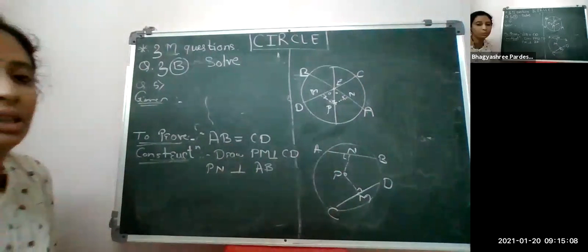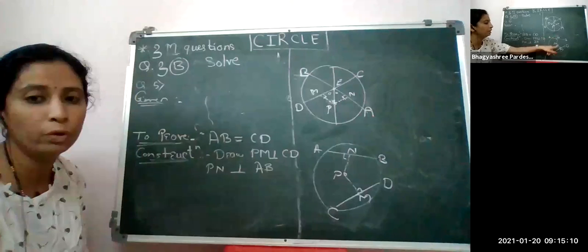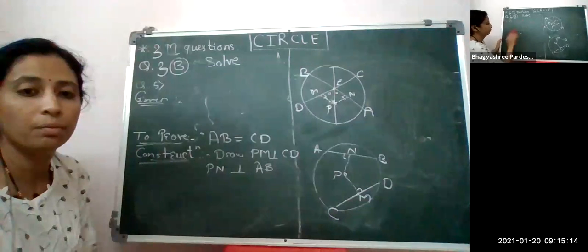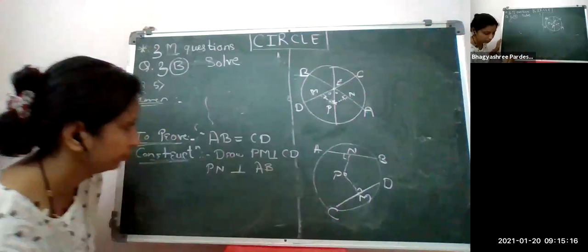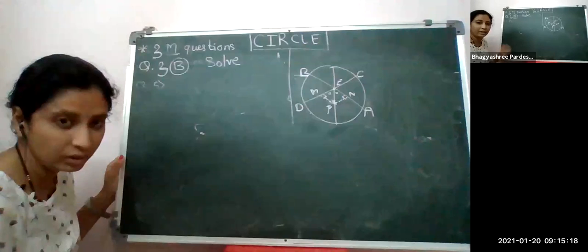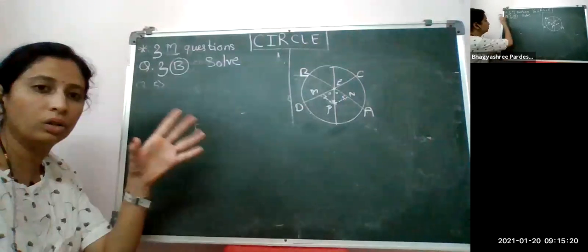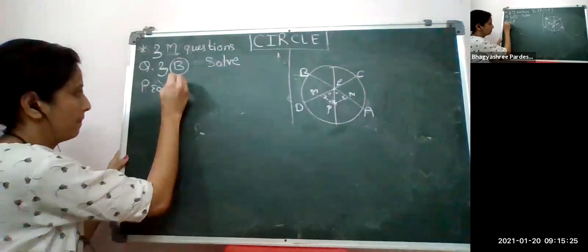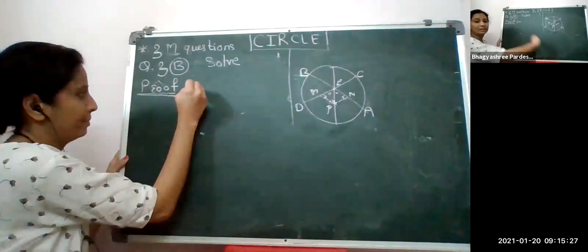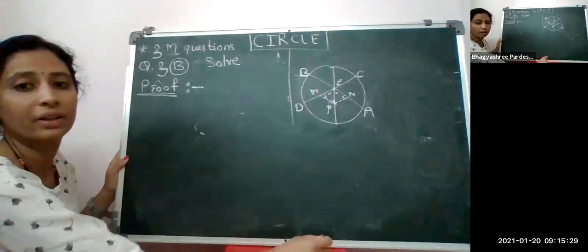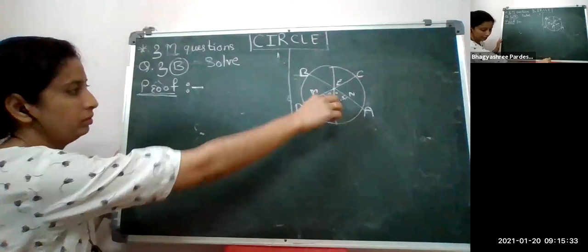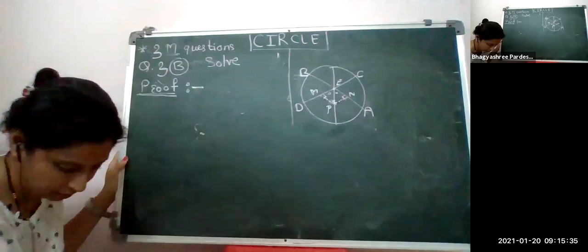Means what we have to prove? We have to prove that PM and PN are congruent. So how to prove this now? We have written all the given and the to prove. Now let's start with the proof. Firstly, let me write the names there.